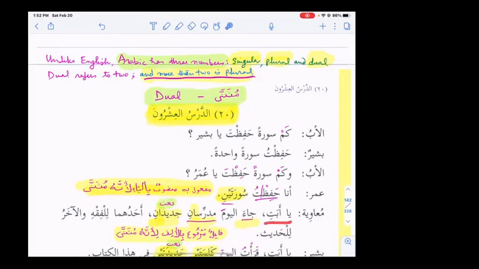Ya abati, oh my father, dear father. This is a very endearing way of addressing Abu, father. Ya abati, oh my dear father. Ja'a, fine. Al-yawma, today. This is the fi'l, madi, mabni ala fatah.